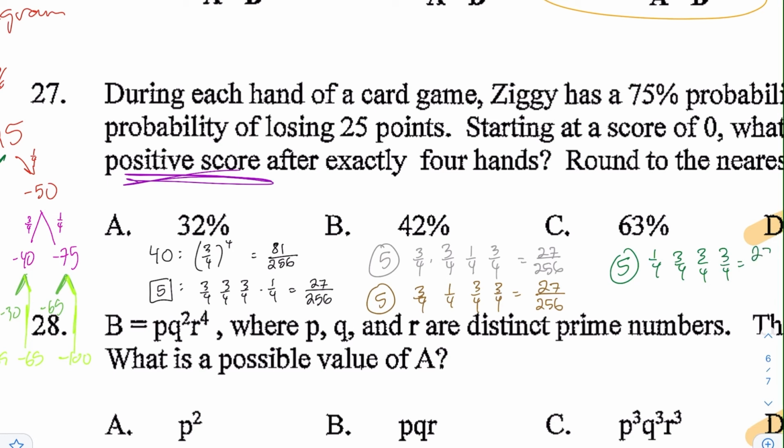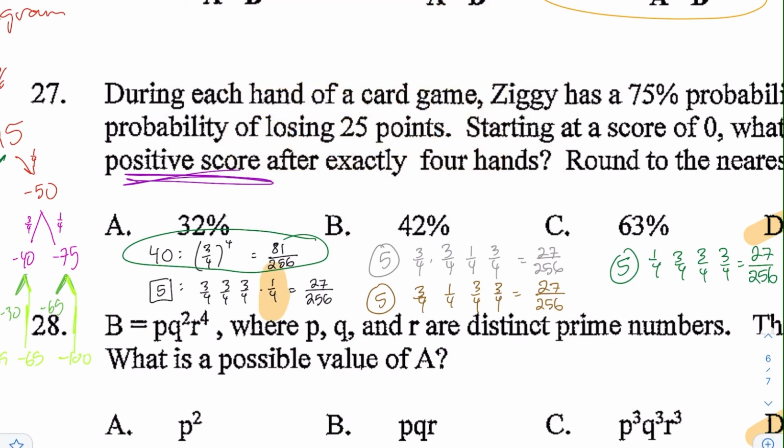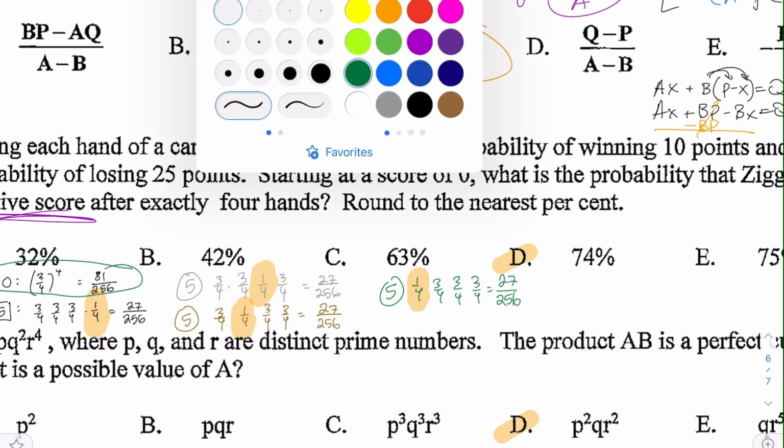And you kind of see the pattern here. You can win with a positive score if you get all positives, or you can have at most 1 minus 25. That minus 25 can show up either in the 4th position, the 3rd position, the 2nd position, or the 1st position. As long as you have 1 minus 25, you are still okay. So then you'll just have to add these probabilities together.